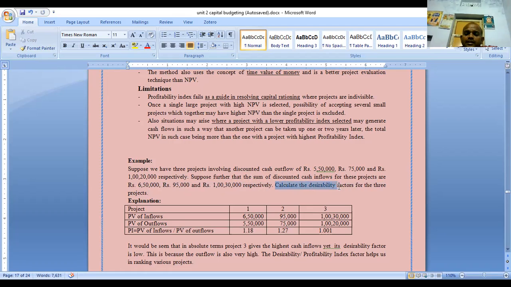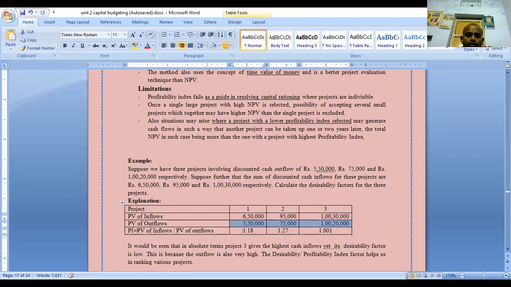Calculate the desirability factor for the 3 projects. So projects 1, 2, 3. This is the explanation. PV of inflows, discounted cash flows given. So present value of cash inflows divided by present value of cash outflows.